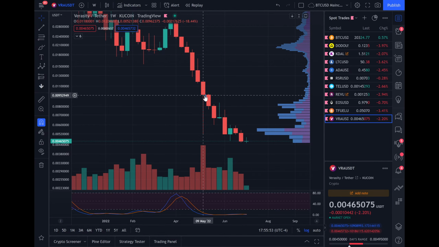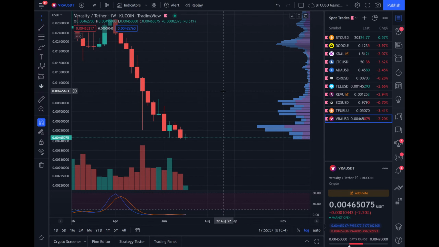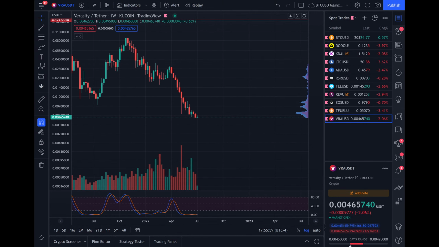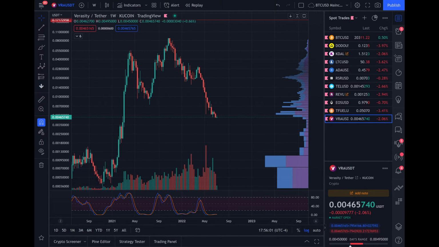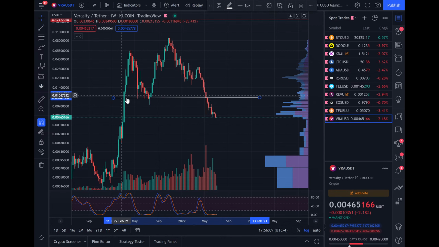Veracity. Here, let's see. I think it's clearly here. Two reasons. One, it's historical support, okay? So it would be resistance, right, since we're beneath it.